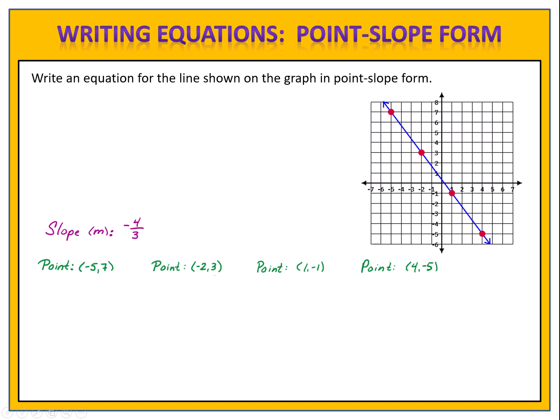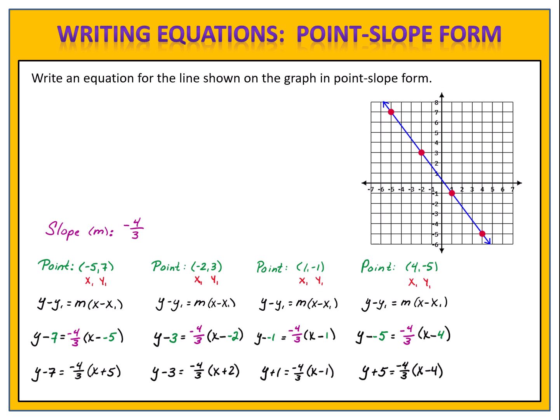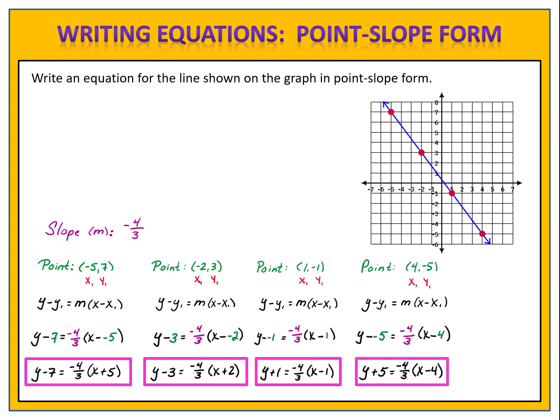You labeled your point as x1, y1, and then you substituted into the equation y minus y1 equals m times x minus x1. Remember to simplify your equation wherever possible, especially where you have double negatives. And then you'll have your equation written in point-slope form.